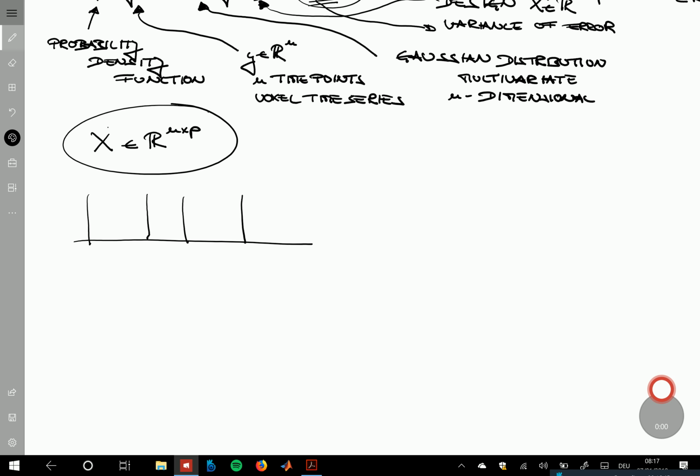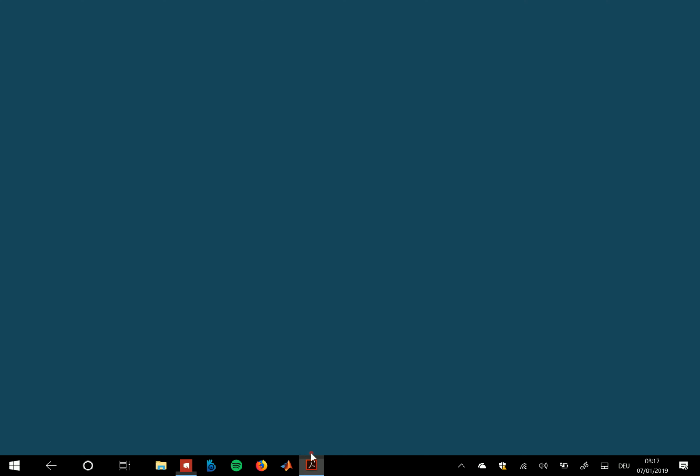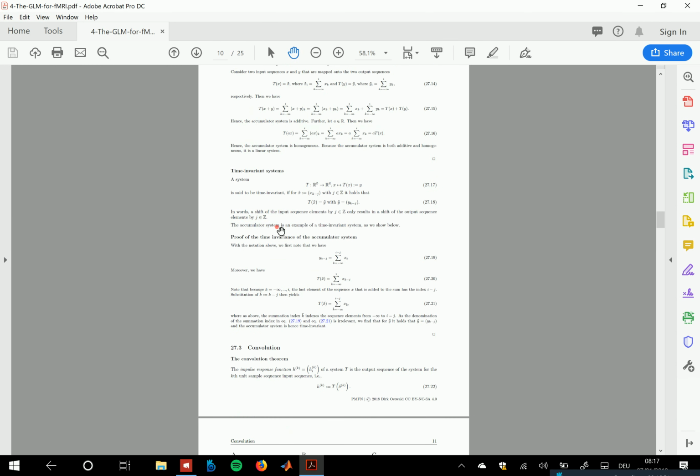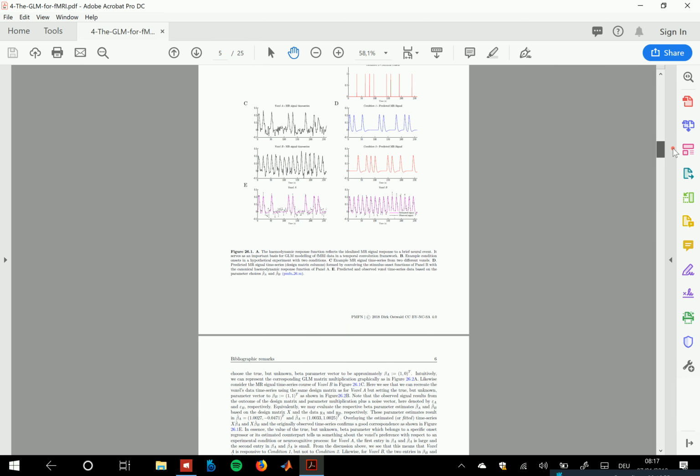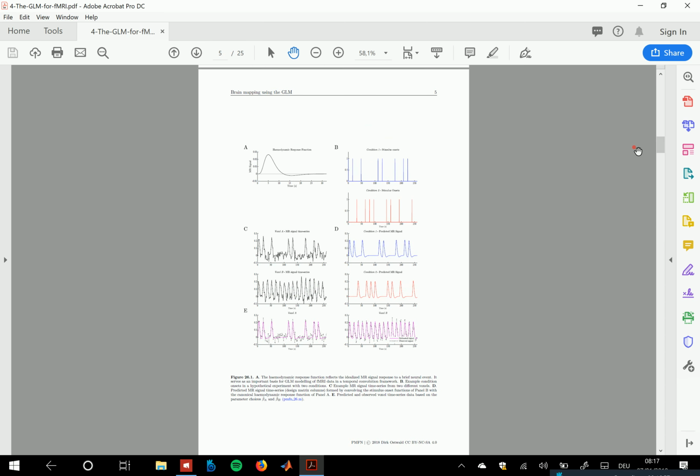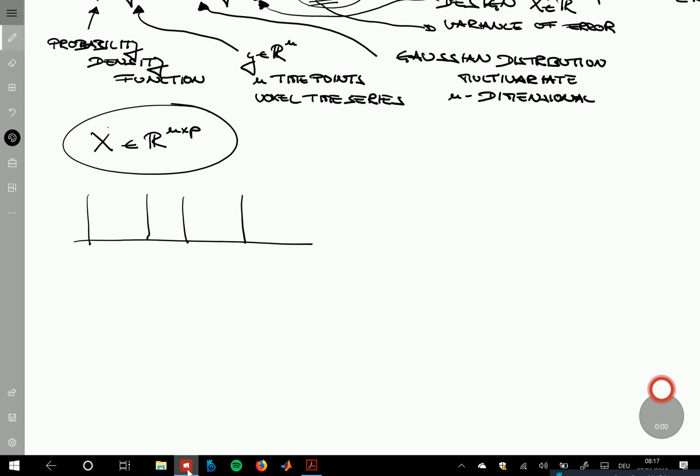We looked at these pictures. I made beautiful pictures. Let me show you the new pictures. So these pictures here. Do you remember what these pictures were about, or what these stick functions were about? Exactly.